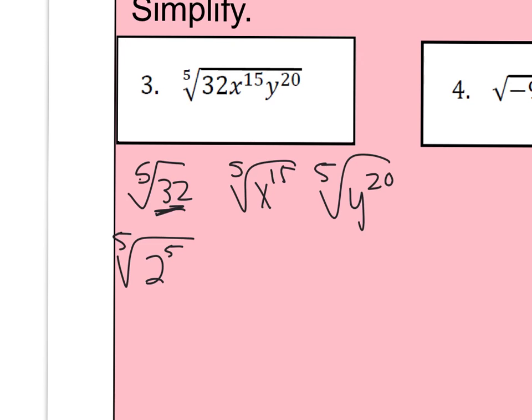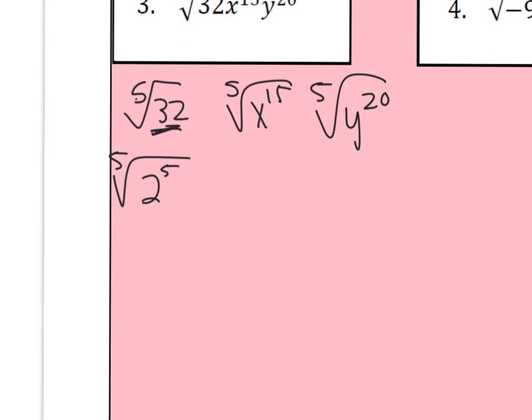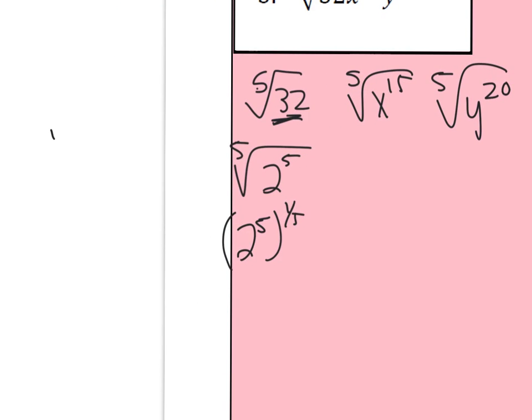All right, so then, think about what I said before. 2 to the 5th, and if it's the 5th root, that is like raising it to a power of 1/5.